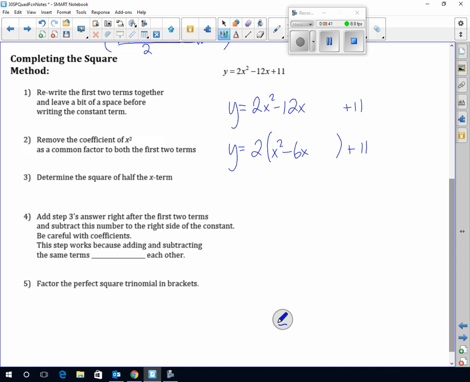Now you might be saying, whoa, if I multiply this out right now, I've changed it. You can't just throw a 9 in there. Actually, what I threw in there wasn't a 9. It's actually 18 that I put in there, right?